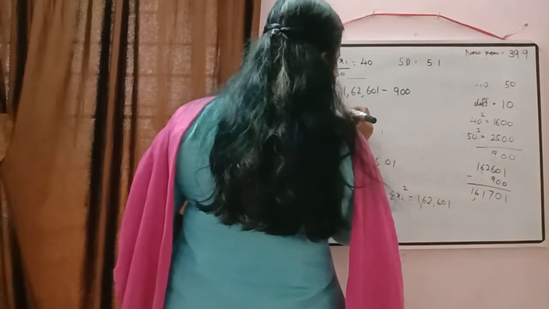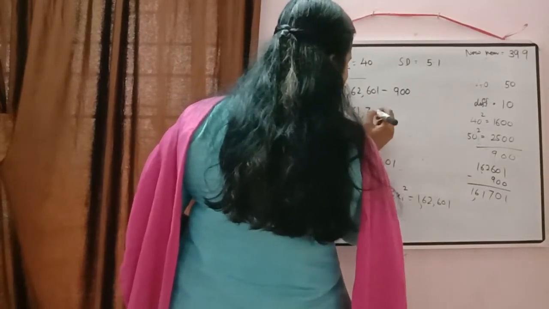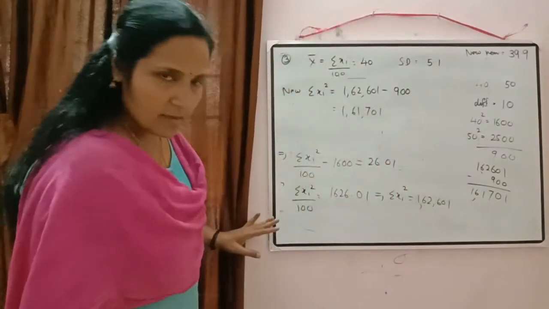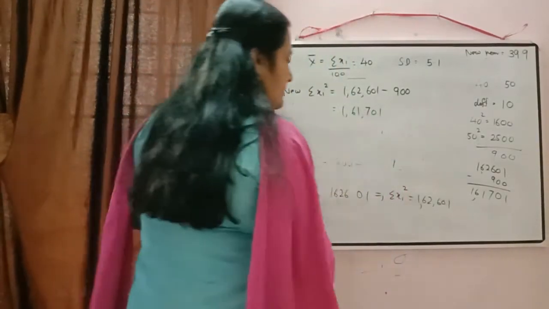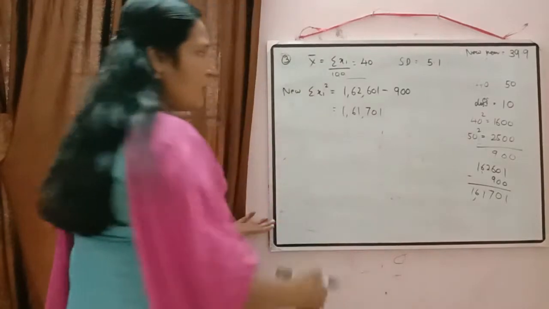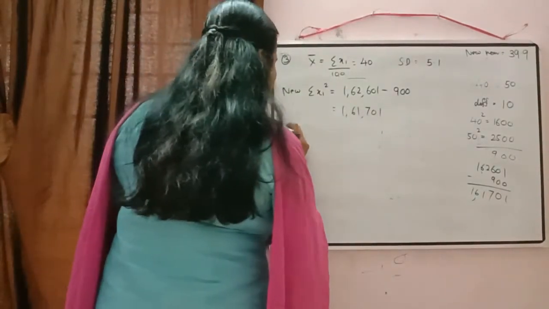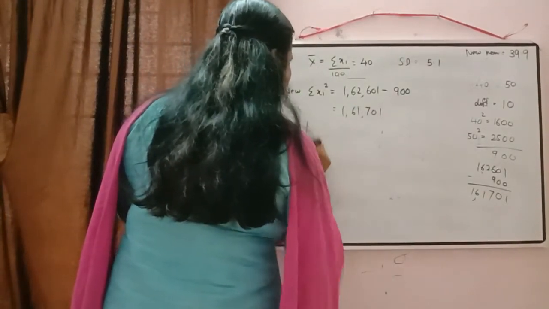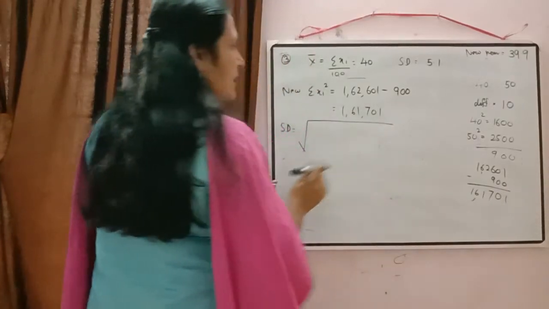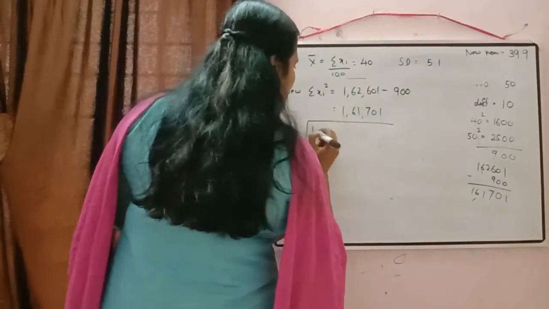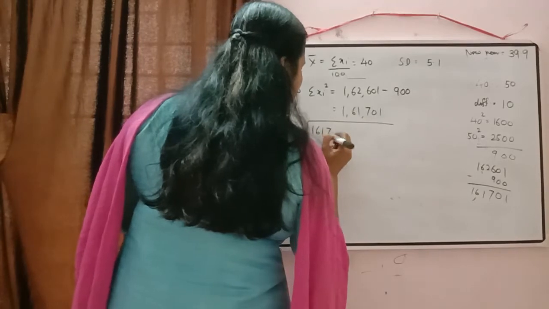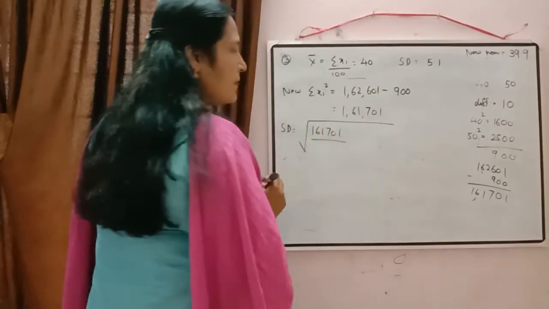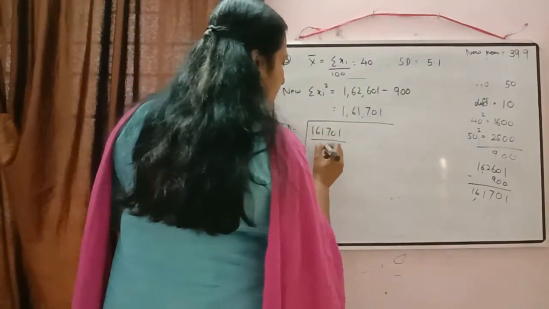So new value we got here, 1,61,701. Now we will check what will be the correct standard deviation. Now we will take everything correctly there. So standard deviation formula is square root of sigma xi square, that we got here, 1,61,701 by how much? How many observations are there?